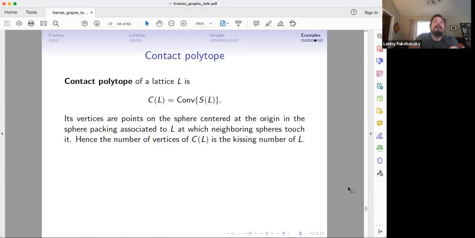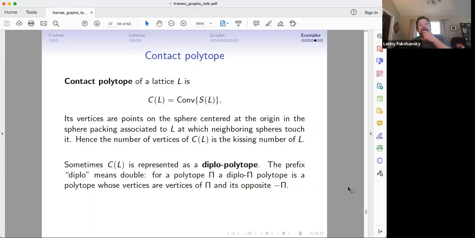Now, I want to tell you just a few words about a certain weird fluke, which we don't really understand. And I do believe it's a fluke rather than a law. But here it is. Take a lattice L, take its set of minimal vectors. You can form the contact polytope of this lattice. Essentially, it's the convex hull of the set of minimal vectors. Sometimes there is this notion of a diplo polytope.